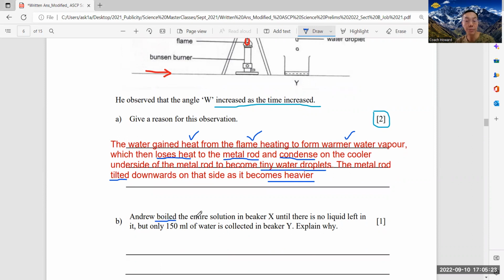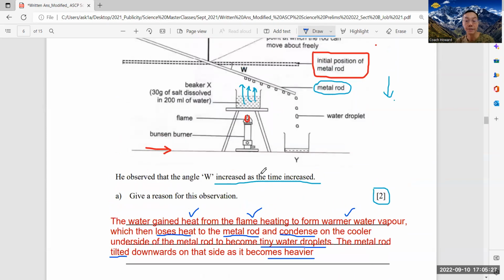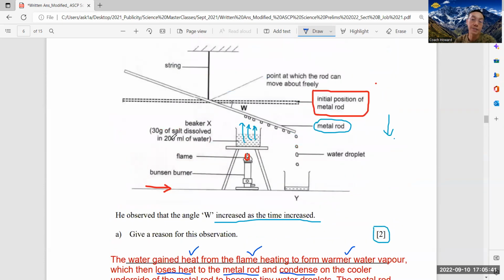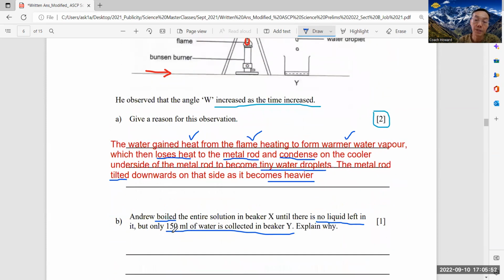Andrew boiled the entire solution in X until there's no liquid left, but only 150 ml water is collected in beaker Y. So you need to understand, initially it is 200, right? So technically, if I evaporate all the 200 ml water, I should collect 200 ml water. But he only collected 150. So you need to explain why.